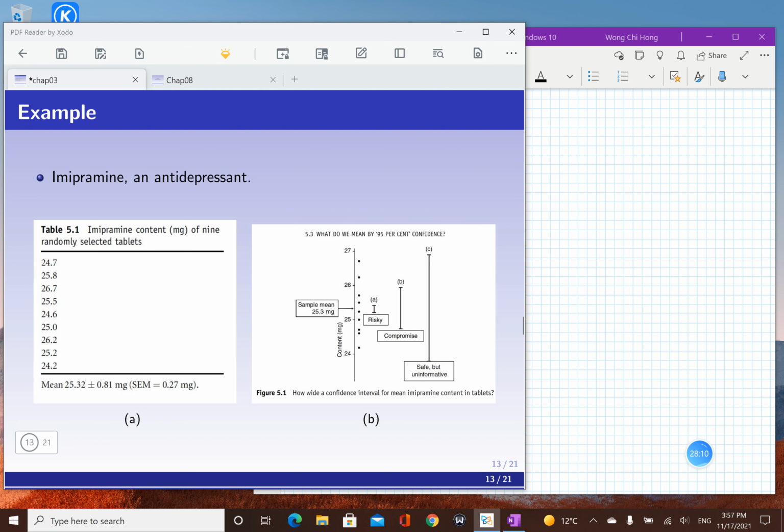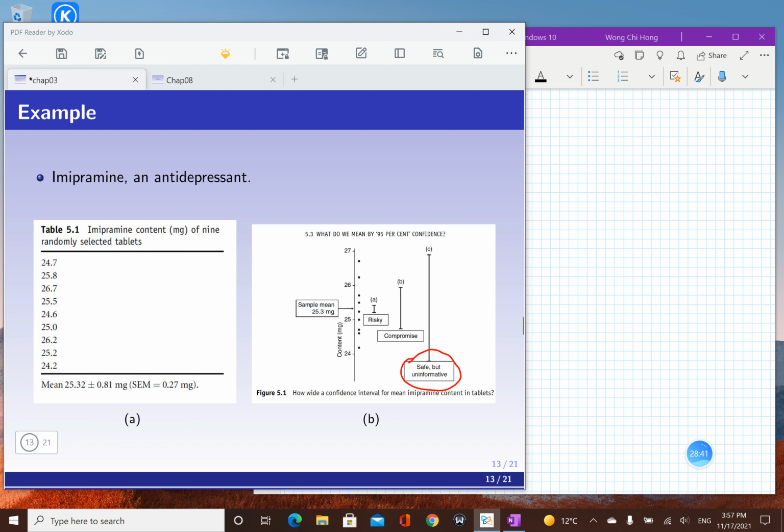Would you say it is useless? Not informative. I can just write down a really large range here for this confidence interval. I'm very confident to have our true mean value between these two numbers. Good, confident, but maybe less useful.